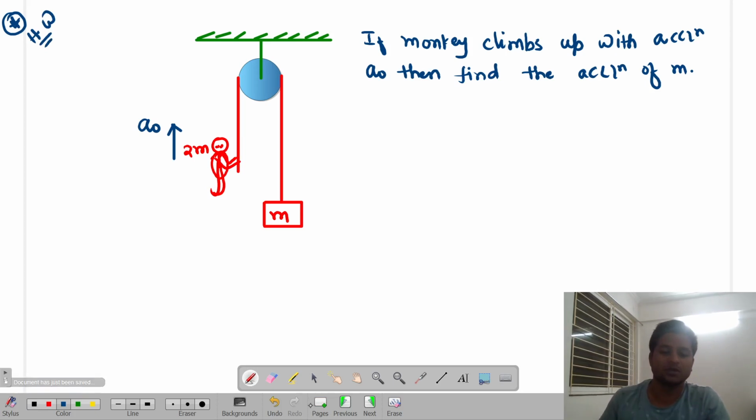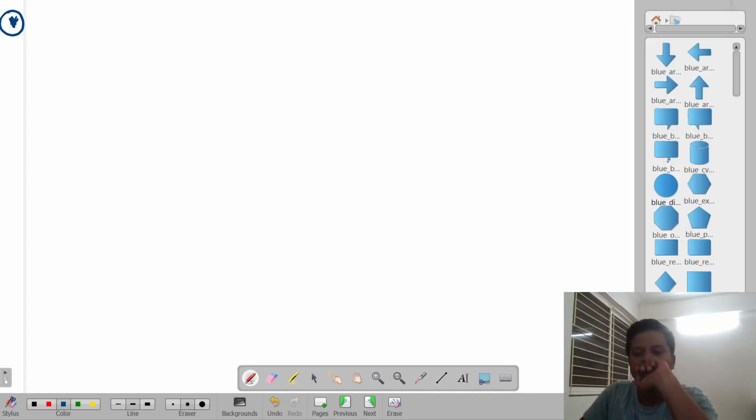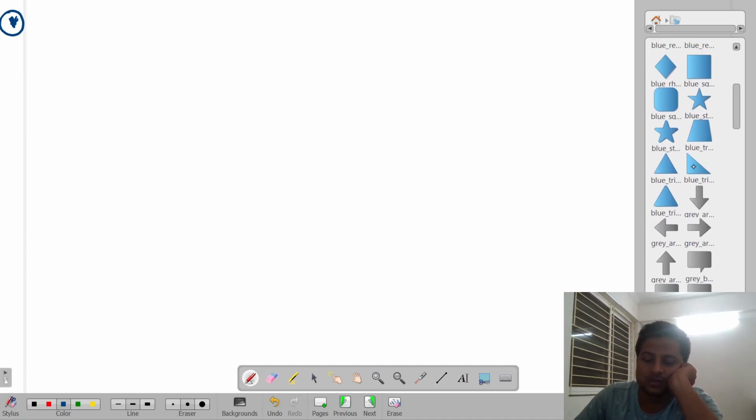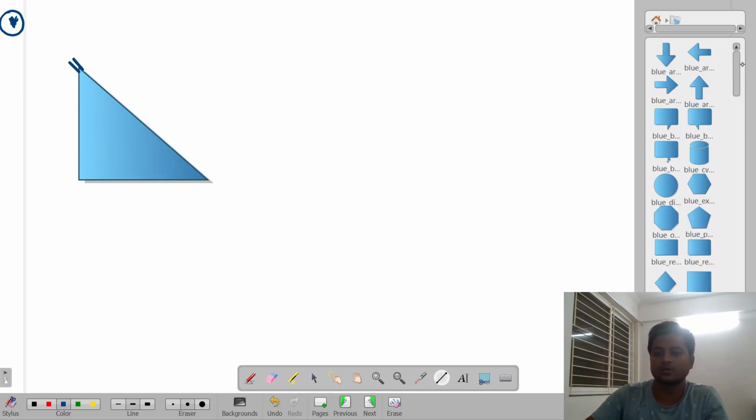Now let us come to one more case, which we also call the system of inclined planes. Okay. And then we'll see what is going to happen. So let us take the first scenario. Now look over here.